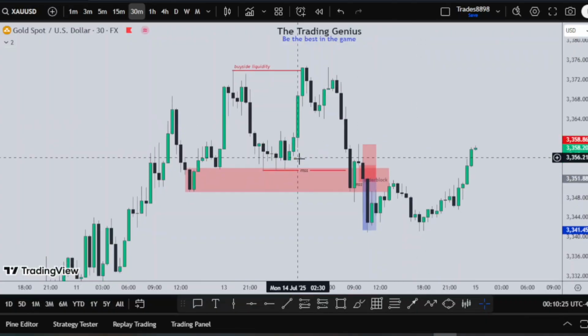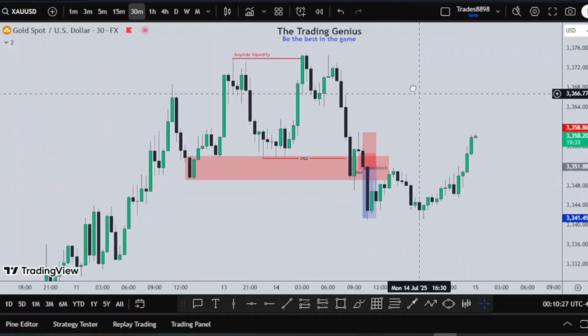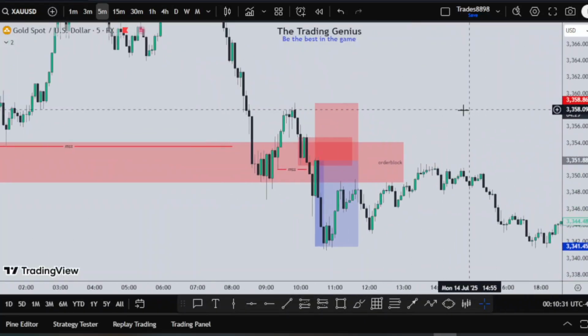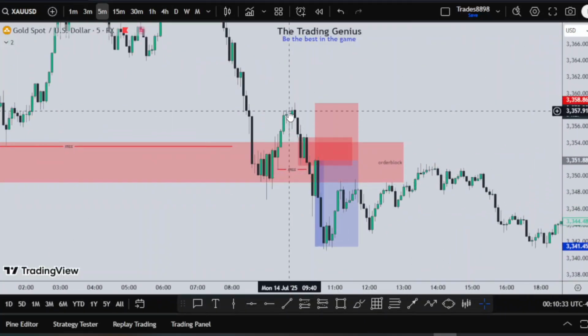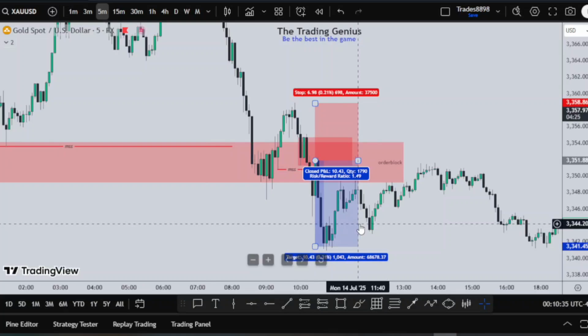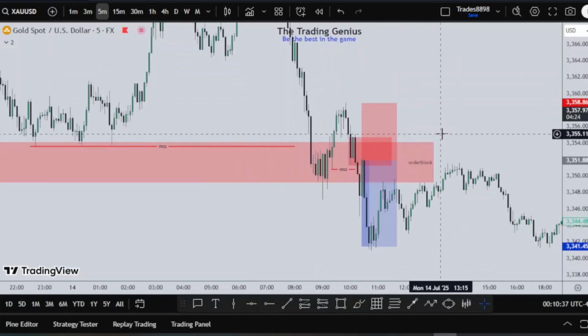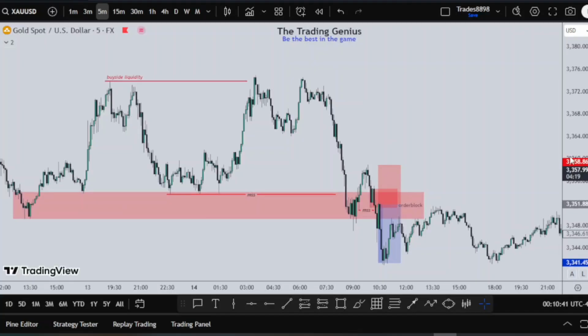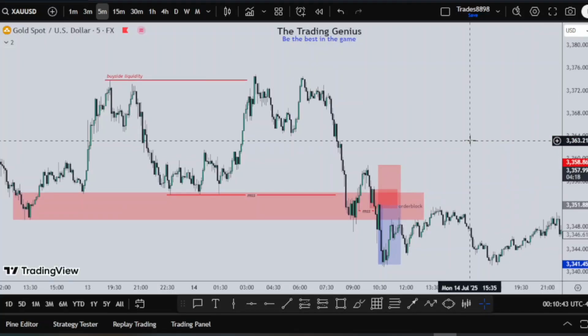So now we have a market structure shift and a liquidity sweep, and then we go to a 5-minute time frame. We can see that it actually flipped and created a market structure shift to the downside, and that's why we can take that short entry. So this is the reason why one order block works and one doesn't.